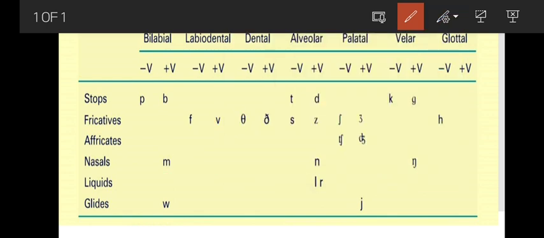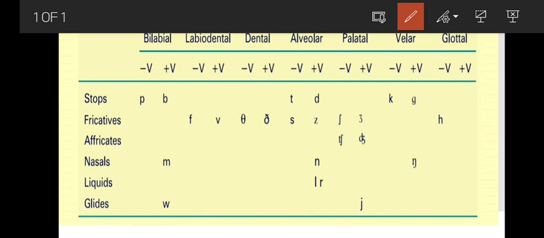Let's talk about liquids, like in the sounds of late and rate. When you pronounce these sounds, the air stream is escaping around your tongue. If you say l, you feel that the air stream is escaping around your tongue.